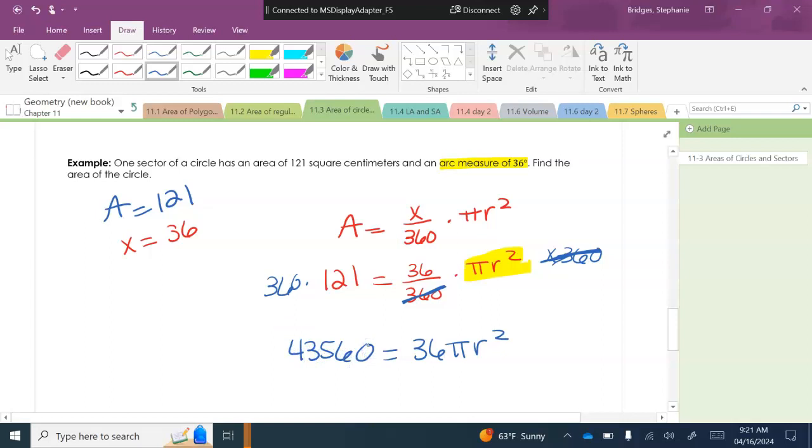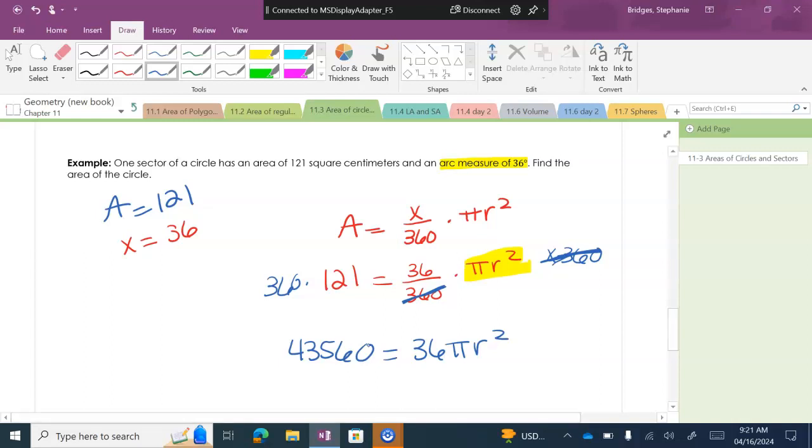So right now I have 43,560 equals 36 pi r squared. If I want that pi r squared to be by itself, what do I need to get rid of next? What number is next to pi r squared right there? 36.